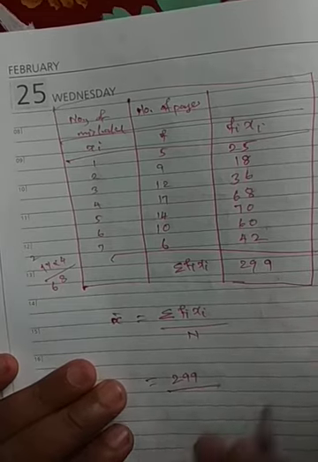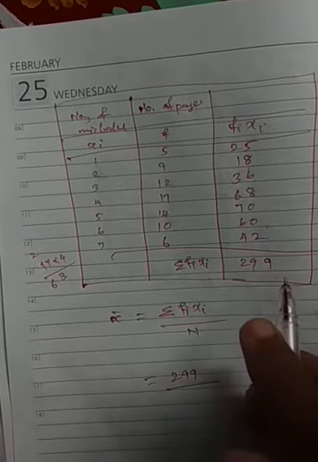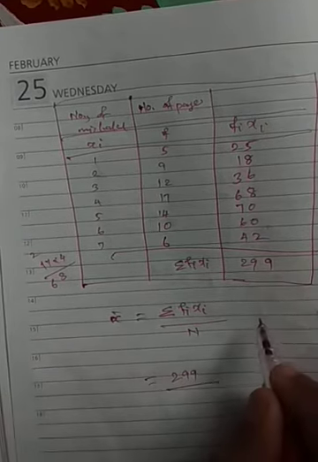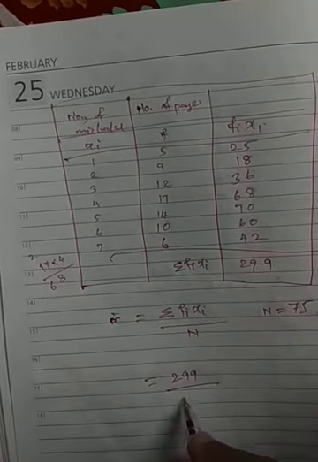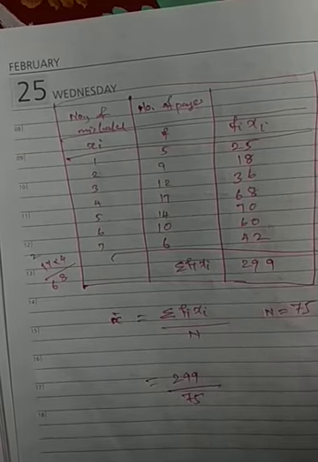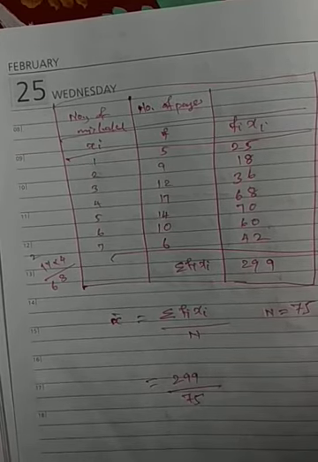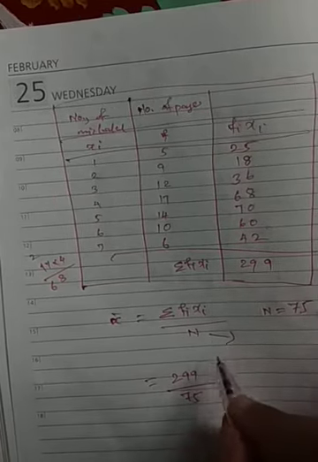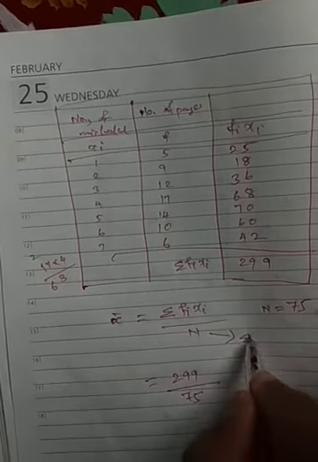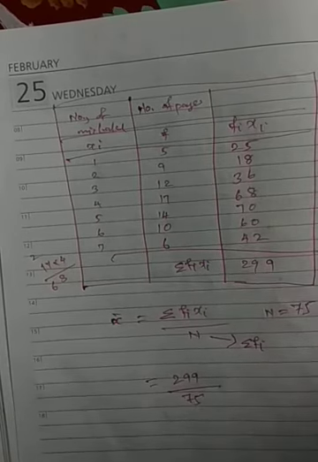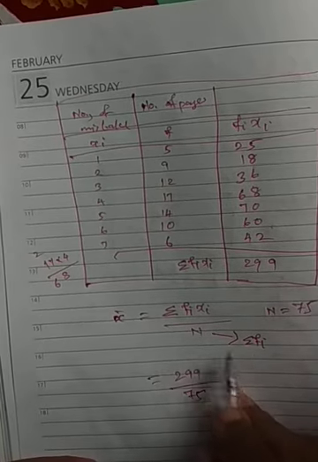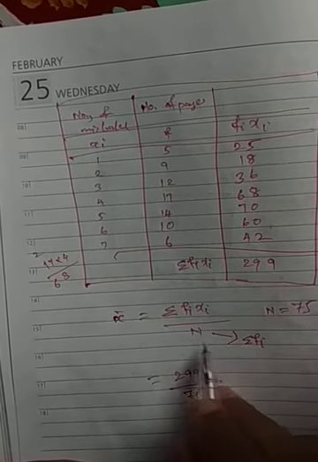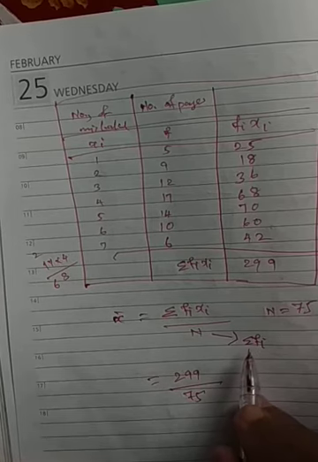In the question itself they have given the number of pages in the manuscript. I can directly write it, but to avoid confusion, one more thing I will say: n is nothing but sigma fi for grouped data.